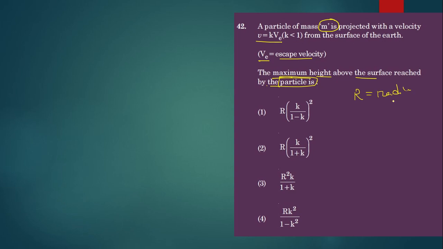Radius of Earth. So the context is the following. This is the object. Let's say the mass of the object is m. This object was projected with a certain velocity. It will reach a certain point, which is the maximum height. Maximum height means it cannot go further, which means its velocity at this particular point was 0.